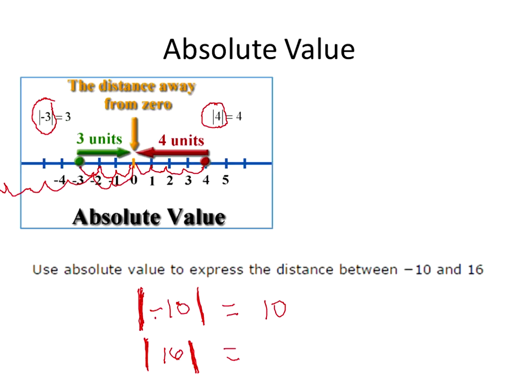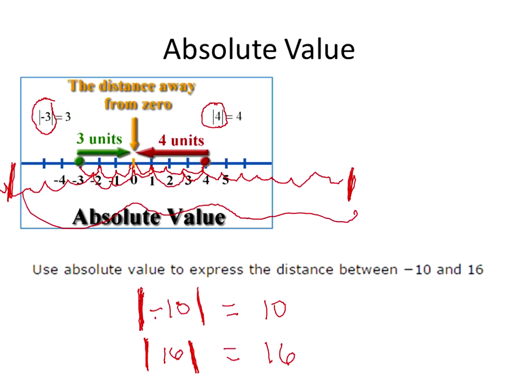And the absolute value of a positive 16 would go way out here. It would be 16 units away from the 0. So now to figure out the difference between way over here and way over here, we're going to add those together. So we would just take 10 plus 16, which equals 26. So our difference would be 26.